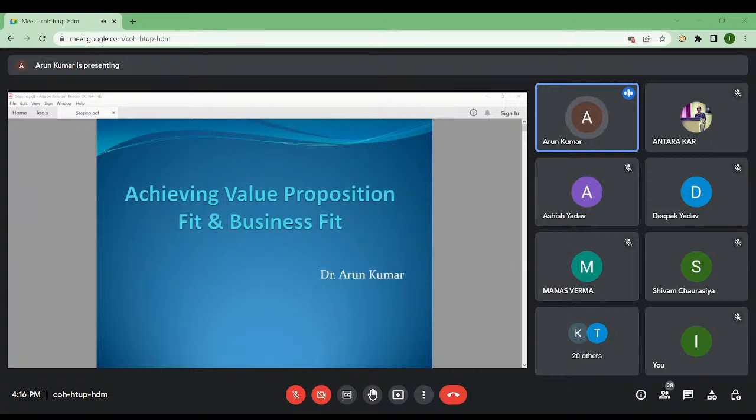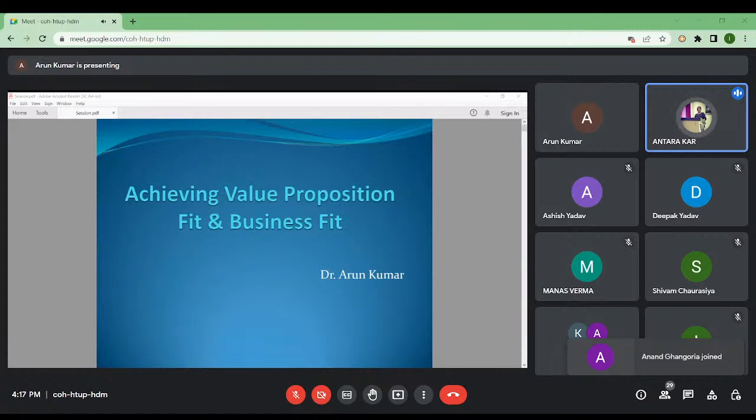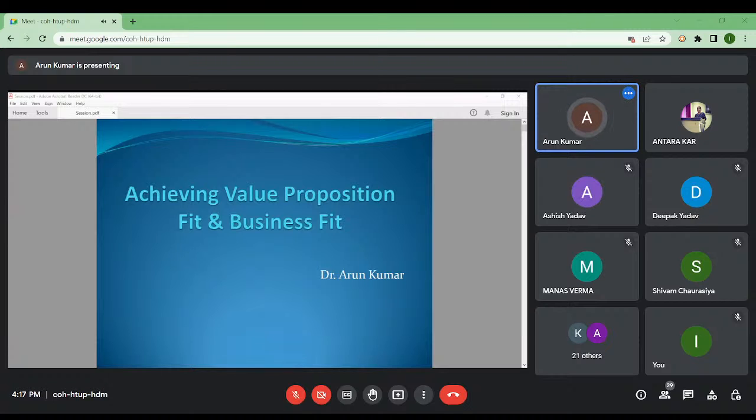Then we talk about the benefits. The benefit is not only the functional benefit for which we are buying the product. Why are we buying a mobile phone? Why have you bought this particular brand? Can you tell me, Antara? Sir, because nowadays we need a mobile phone in our day-to-day life. Fine, but you are talking about the features on the basis of which you made the decision to buy this phone.